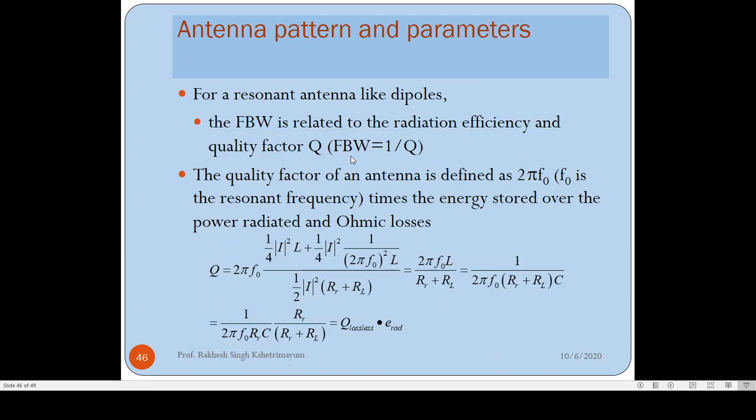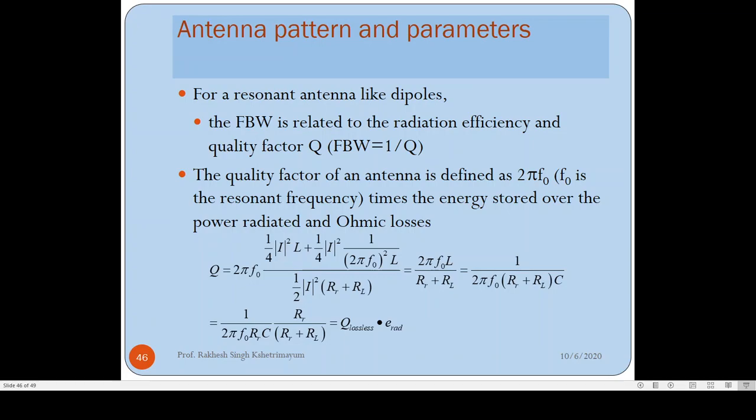This is a 3 dB bandwidth. What is quality factor? Quality factor is defined as omega 0, where omega 0 is 2 pi f0, f0 being the resonant frequency, times the energy stored over the power radiated and ohmic losses. Here you have an inductor and a capacitor.